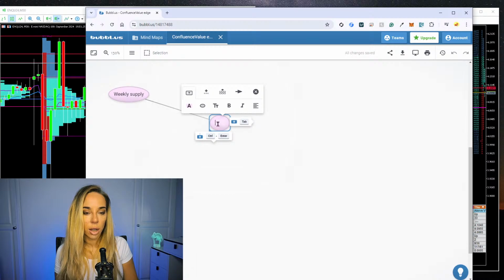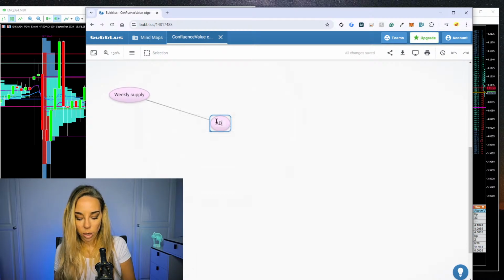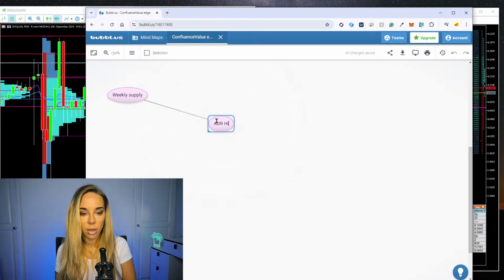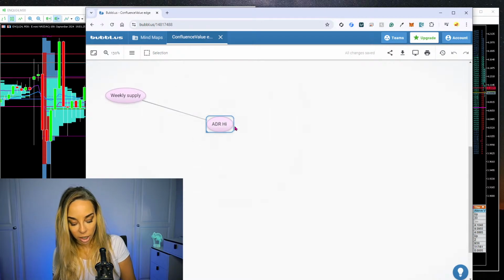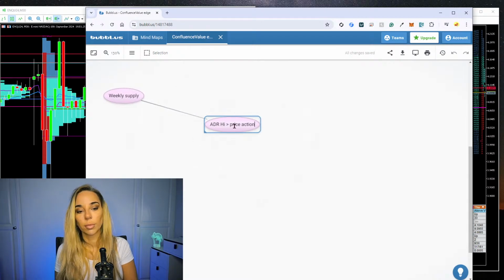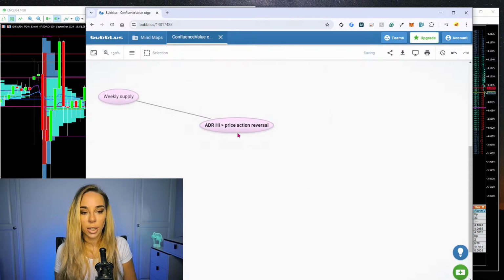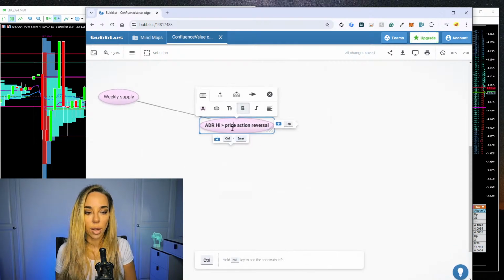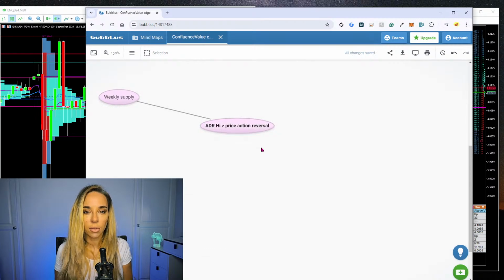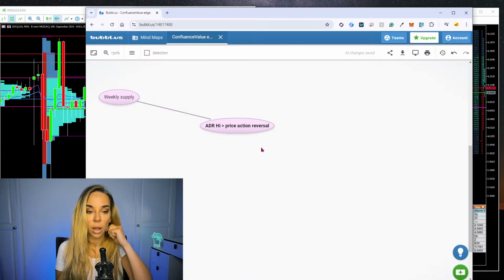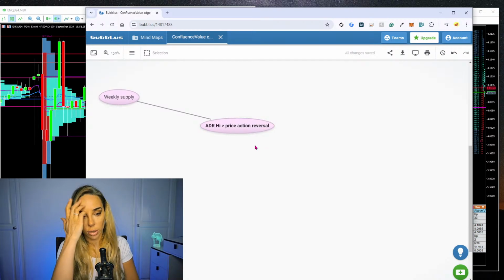And then another thing was hitting ADR high and reversing. Ideally, that's what you want to see. So when something hits the average daily range, you want to see a price action reversal. When you see that, immediately that's your non-discretionary trigger into a trade, right?